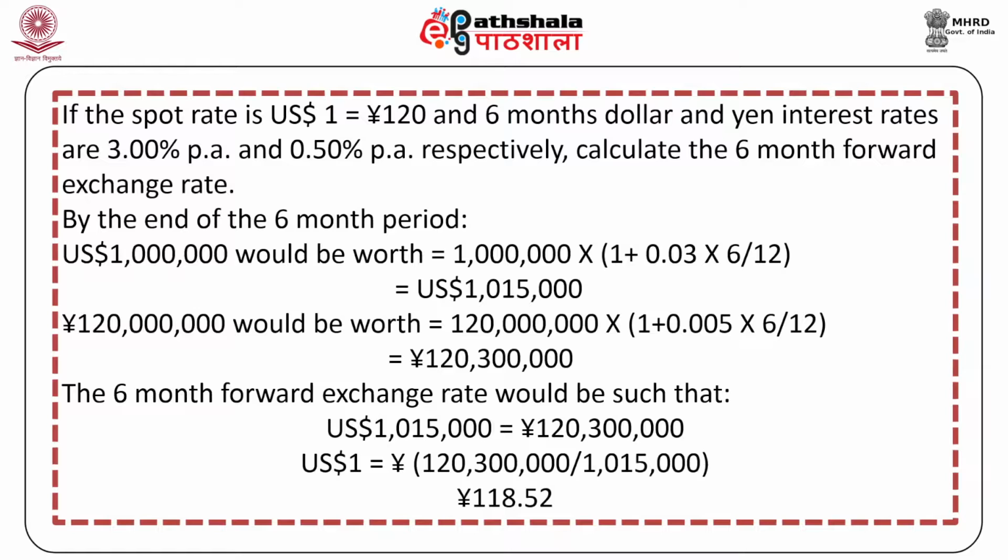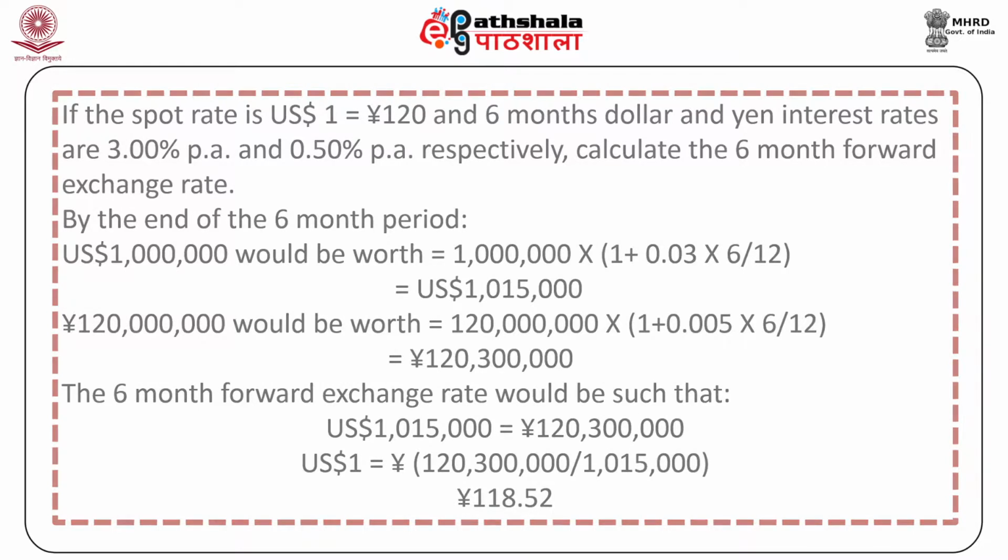That is, US $1 is equal to yen (120,300,000 / 101,500), which is 118.52 yen.